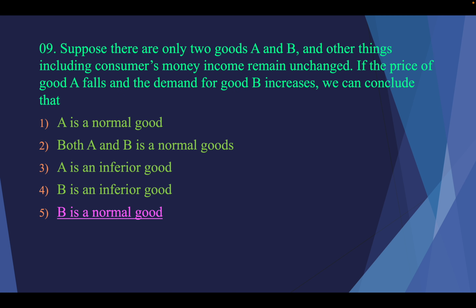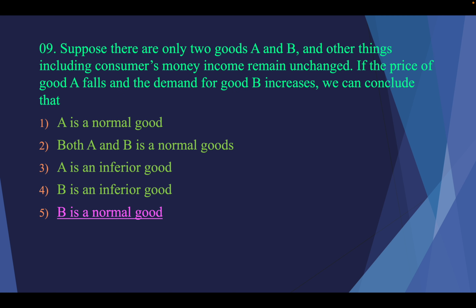So A and B, I'll explain about elasticities. First of all, normal good, inferior good. There are three main elasticities. What are the three main elasticities? First one is the price elasticity, cross price elasticity is the second one, and the third one is income elasticity.